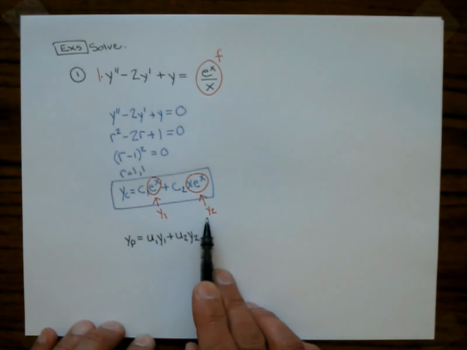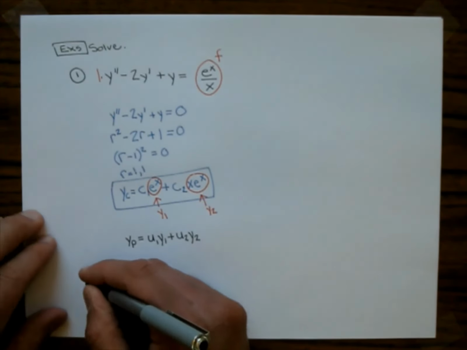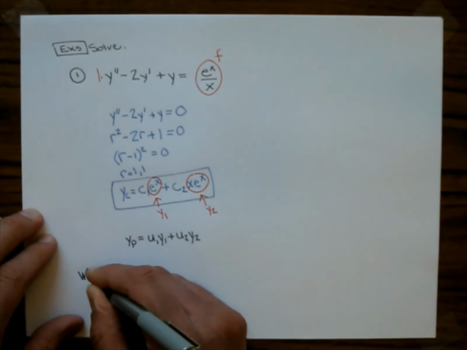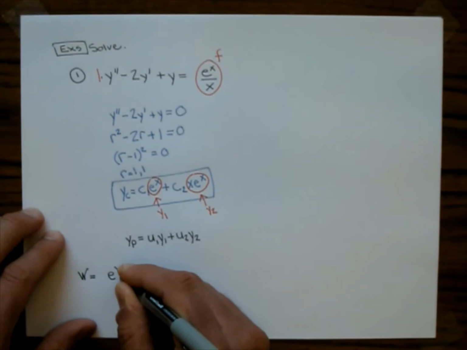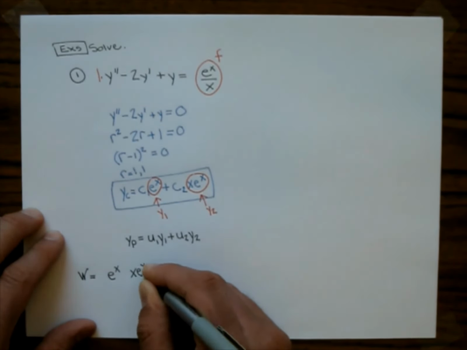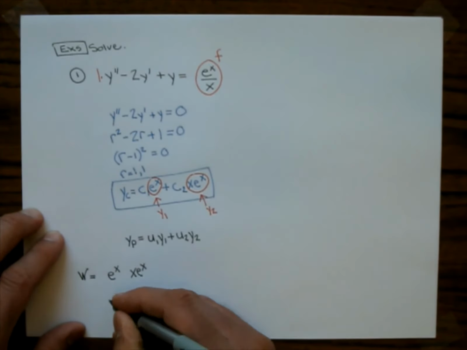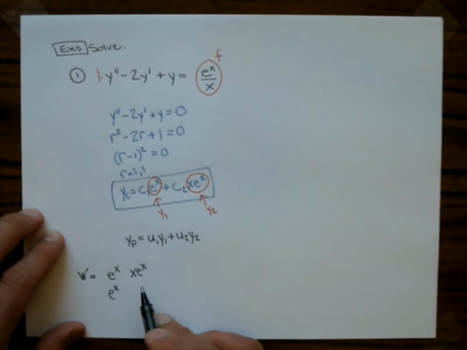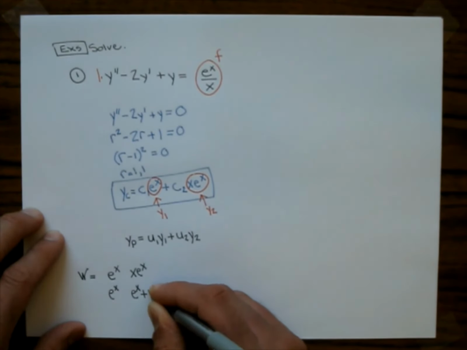There's y1 and y2. Step 5 is to compute the Wronskian. The Wronskian looks like this. I'm going to go ahead and put y1 right here, and y2 right here, x e to the x. Now the Wronskian, I take the derivative below, so the derivative of e to the x is e to the x, and the derivative of this guy right here is a product rule, the derivative of the first times the second, plus the first times the derivative of the second.